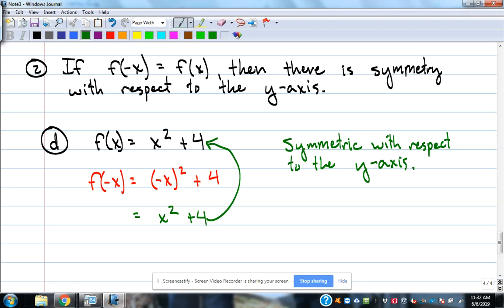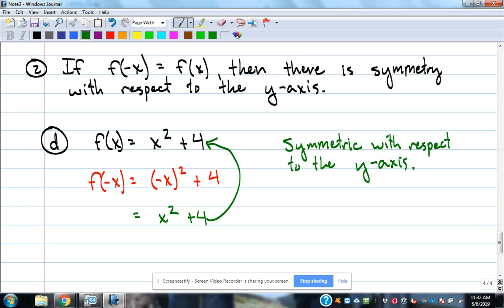That is the test for symmetry with respect to the y-axis: plug in a negative x, simplify it, and see if it turns back to the original. If it turns back to the original, yes. If any piece of it is different, then it's not. It has to match perfectly. If it doesn't match perfectly, then it's not symmetric about the y-axis. So that's a simple test for y-axis symmetry.